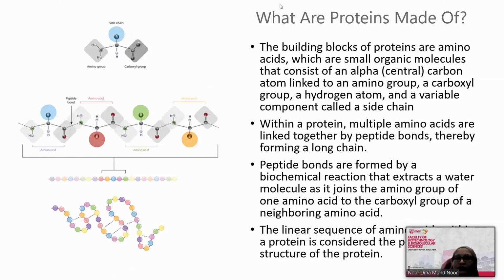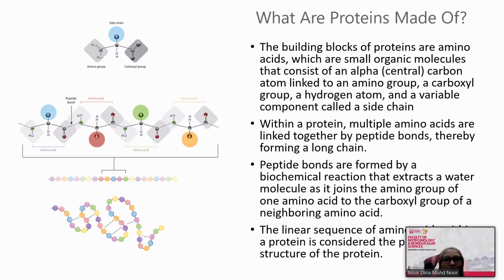So when we talk about the protein, the polypeptides, what are the proteins made of? Of course, it consists of amino acids, right? We can say that proteins are made of the building blocks of amino acids.